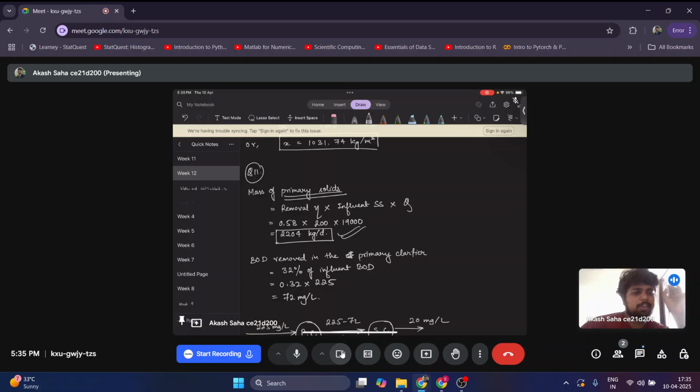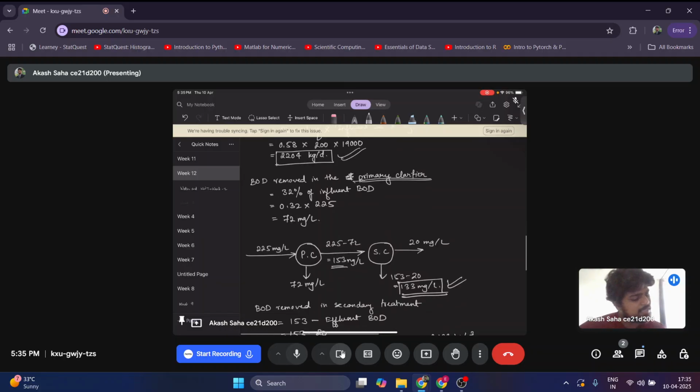For that, we have to know that some part of the BOD will first be removed in the primary clarifier, so we remove that from the total. Then some part will go out as effluent. Whatever is the leftover part of the BOD has to be treated, and it is going to change into biomass.